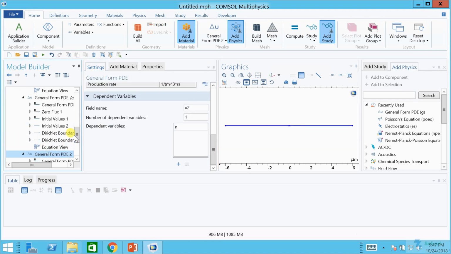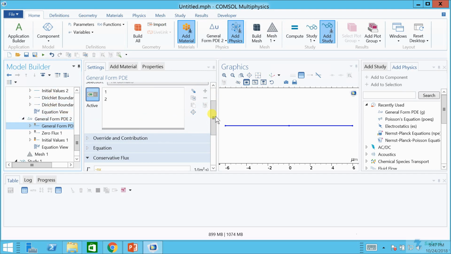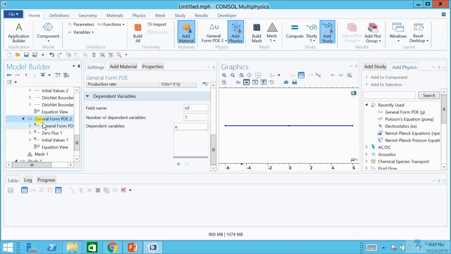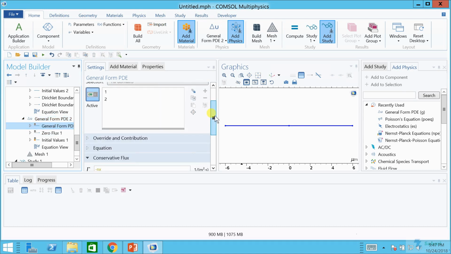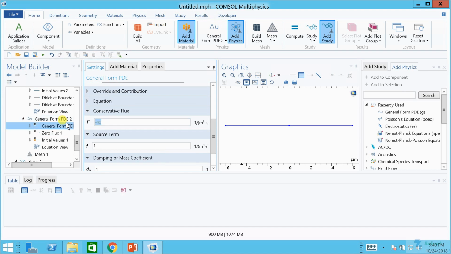Now the general form PDE, what I'm going to do is, now we have finished the P region, and the same thing for the N region, where the dependent variable is N, and in the general form PDE, the equation as I said is for the N term, so here it changes to be concentration of electrons into mobility of electrons and potential, differentiation of potential with respect to x, plus diffusion coefficient of electrons into the differentiation of electrons with respect to x.